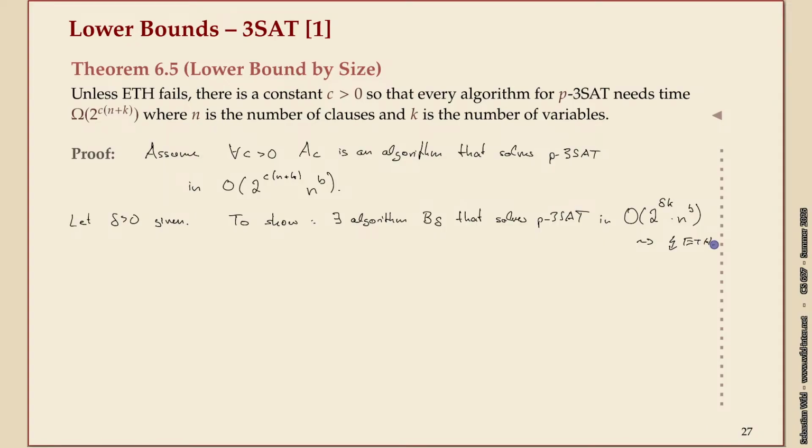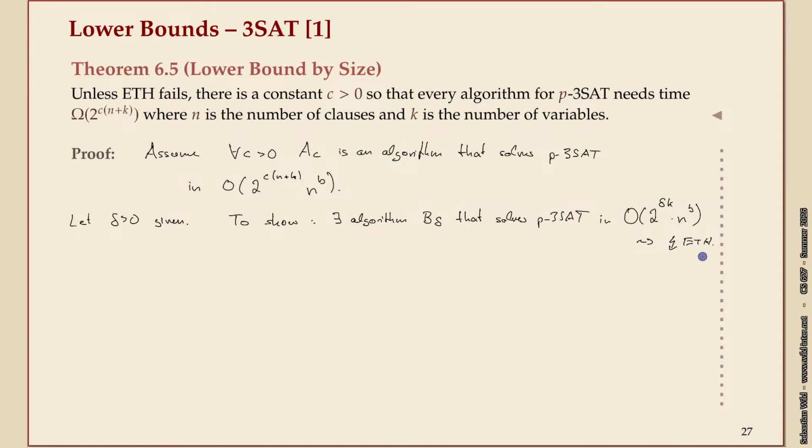That's the contradiction that we want to arrive at. And I guess it's technically not a contradiction because we don't know whether ETH is true, but it would refute this exponential time hypothesis that people believe somewhat strongly is true.